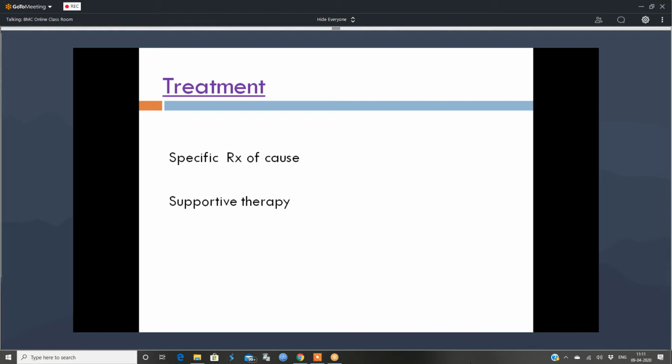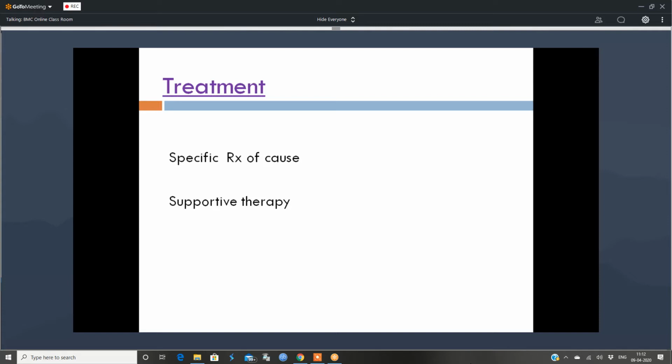So empirically we have to start the treatment. We cannot keep waiting for the reports. Because we have made a diagnosis of bacterial corneal ulcer, we will treat it as bacterial corneal ulcer and start the treatment. The treatment is divided into specific and supportive therapy.